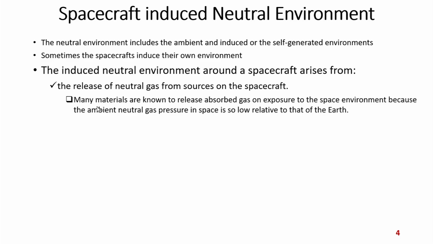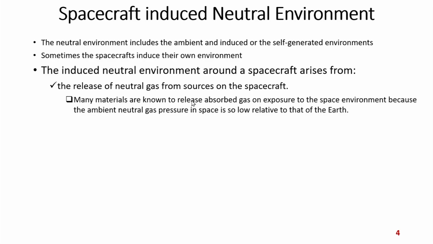As we discussed when dealing with the vacuum environment, there is outgassing. Outgassing happens because the pressure outside the spacecraft is very low, near vacuum. So the spacecraft releases the absorbed gas when it is exposed to the space environment, because the ambient neutral gas pressure in space is very low compared to what we have on earth, where we have atmospheric pressure.